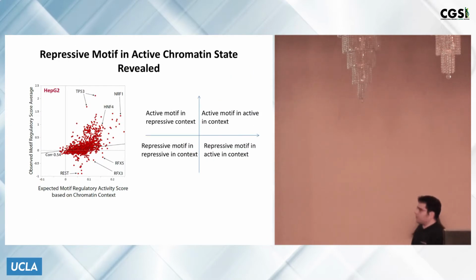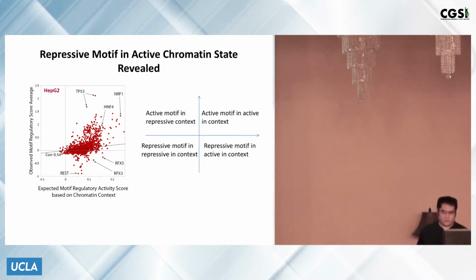And then the last analysis that we did was we looked at, for each motif, its expected activity based on what chromatin states it was falling in. So if a motif, for example, fell into active enhancer and promoter annotated regions of the genome, we would expect it to have a high average activity just based on its chromatin context.